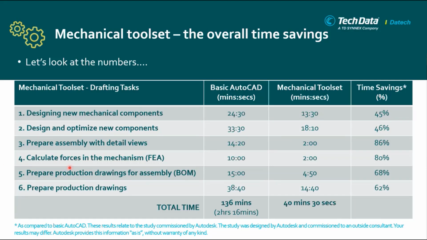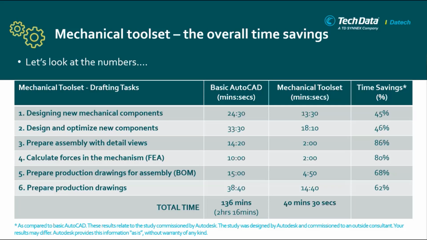Preparing assemblies, FEA calculations, production drawings, and assembly drawings, all including bills of materials: overall you can find time savings around 55% on average, and 2 hours 16 minutes spent using any CAD product could be reduced to around 40 minutes, which is a big time saving for all the designers who are working.